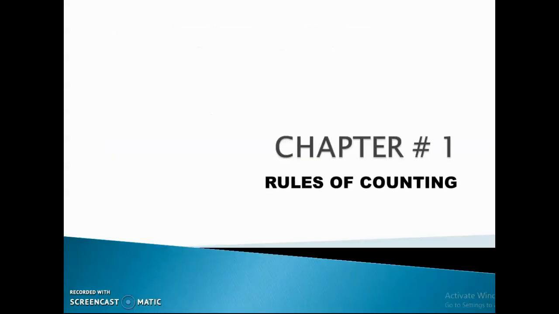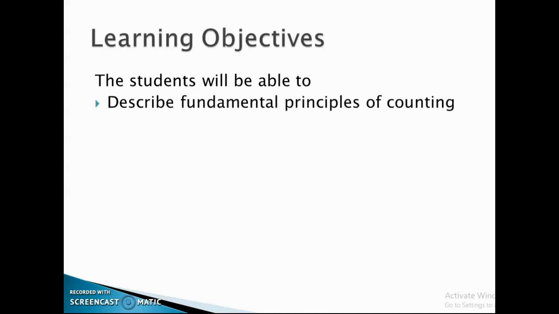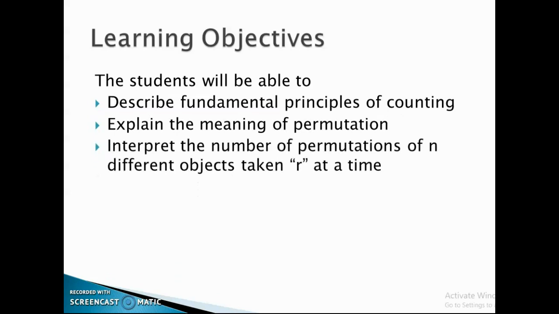Chapter number 1, Rules of Counting. Learning objectives of this chapter are: after studying this chapter, the students will be able to describe fundamental principles of counting, to explain the meaning of permutation, to interpret the number of permutations of n different objects taken r at a time.